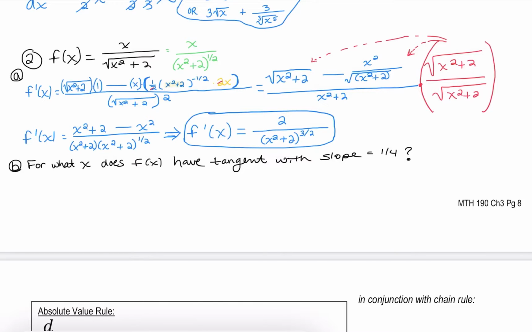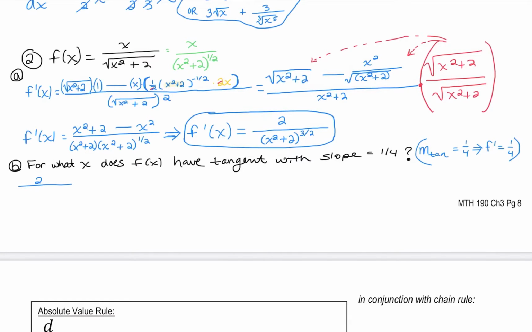So in this situation, what we're looking for is where the slope of the tangent line is equal to 1/4, and that of course means we're looking for where the derivative is 1/4. So these kinds of questions require us to set the derivative equal to some value and then solve.